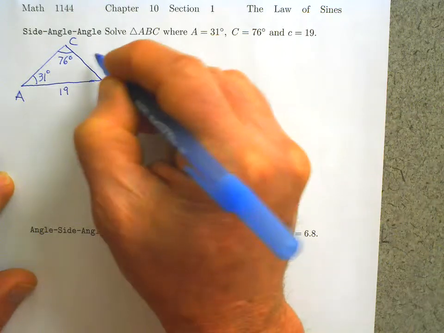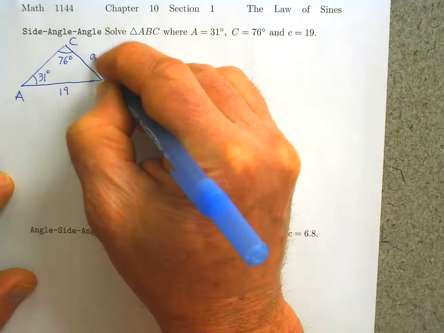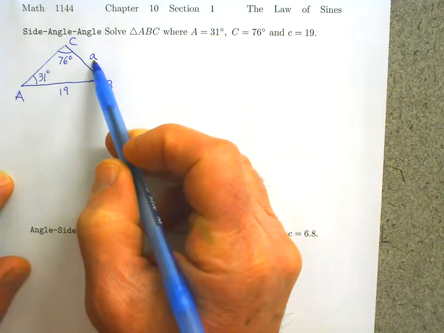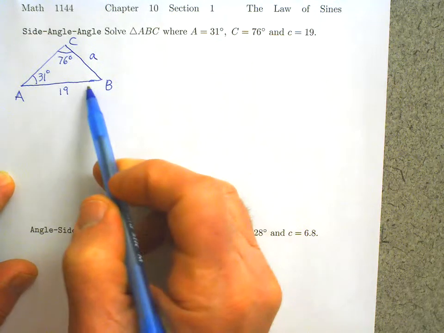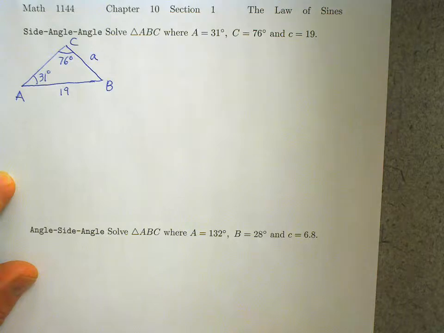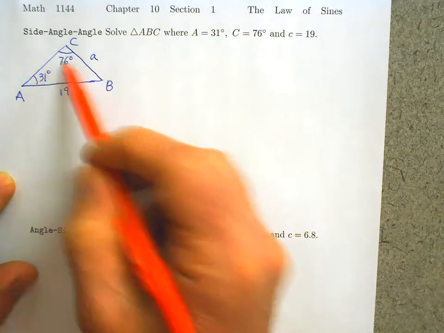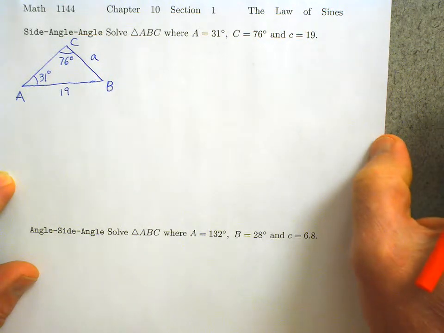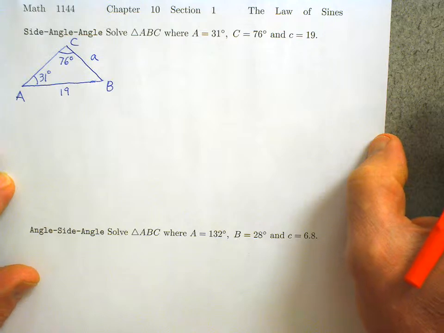Okay, so we want to find what A is. We can determine what angle B is because the other two angles are known, and the sum of the angles has to add up to 180 degrees.